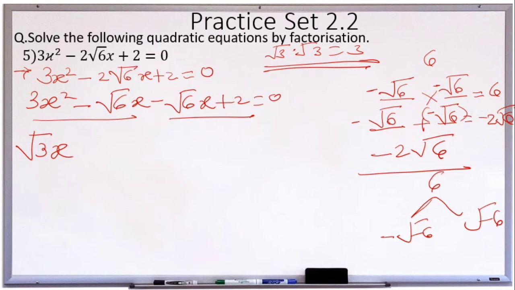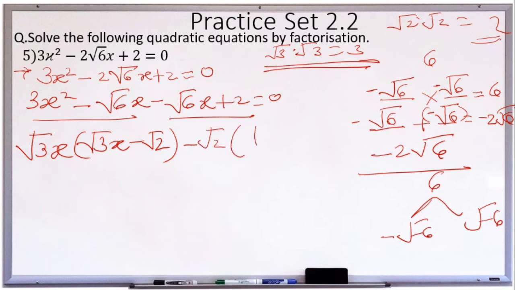Then root 3x taking outside, what will be inside is root 3x minus root 2. Then minus, now taking root 2 outside from this term. Here again I am showing that root 2 into root 2 is root 4, which becomes 2. So next taking root 2 outside, we get root 3x minus root 2 equal to 0.